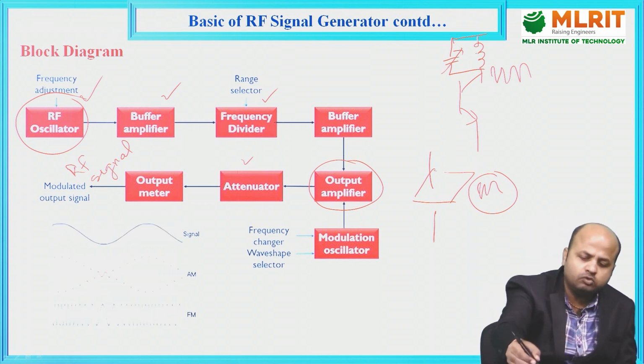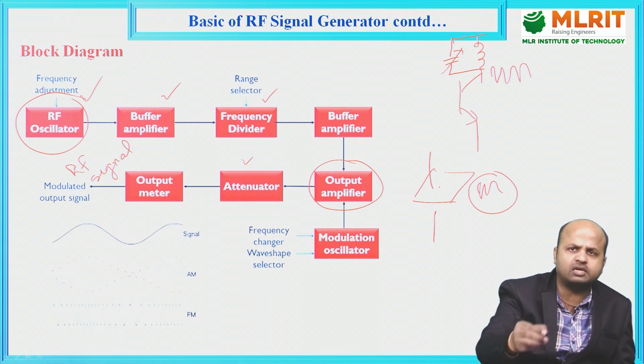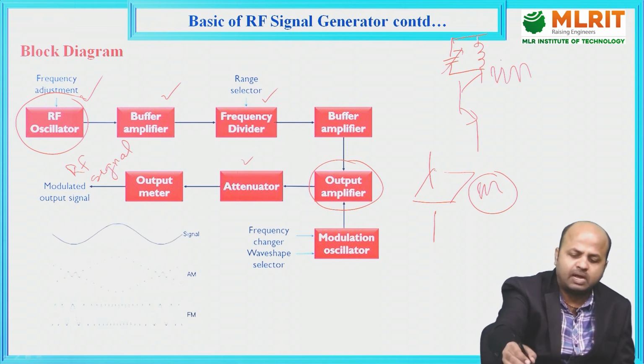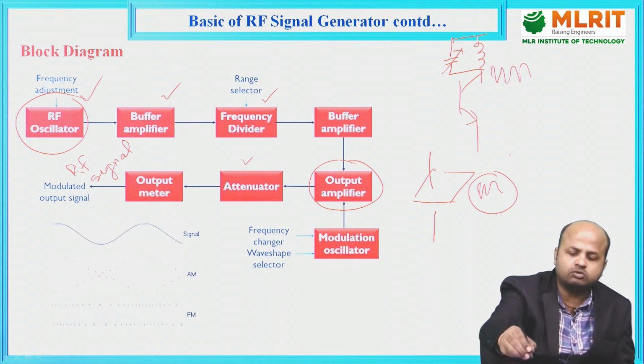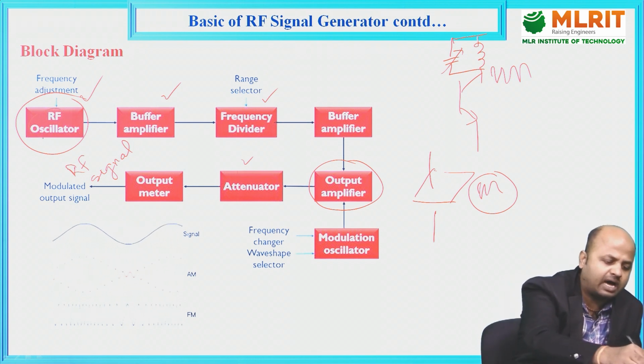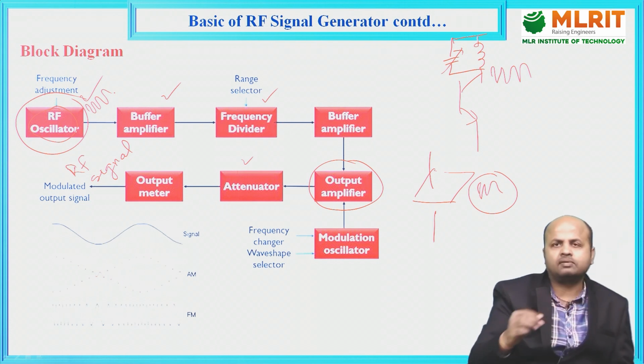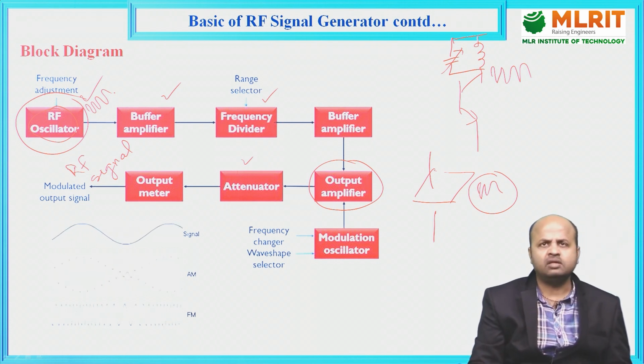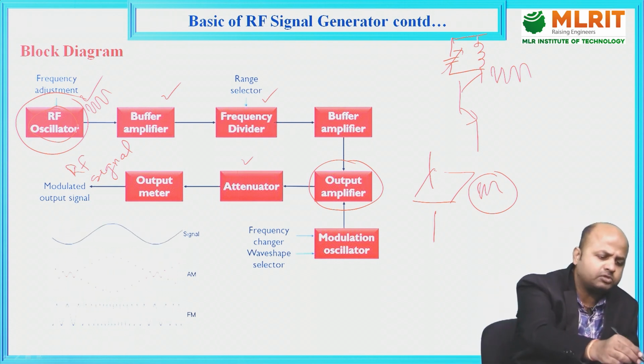So we use either an LC tank circuit or piezoelectric material. With both electronic circuits we can make an RF oscillator which has the capability to generate signals in the radio frequency range. Again, this RF oscillator signal is passed to the buffer amplifier.